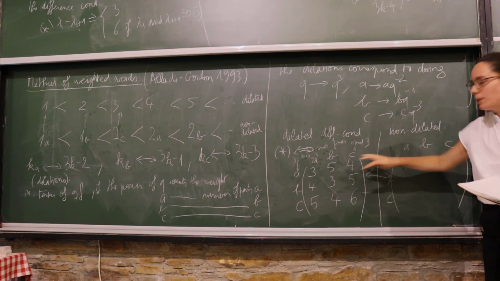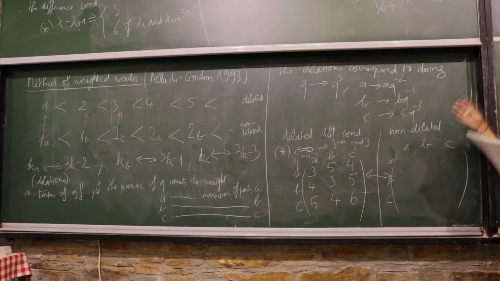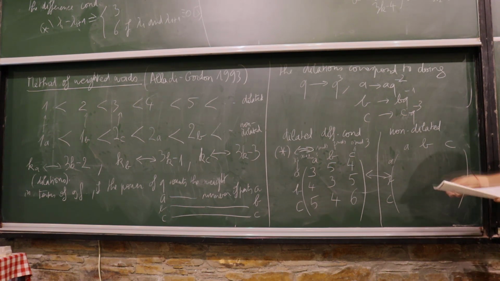So there is some automatic way to go from here to there and from there to here. I don't think it's fully detailed in general in the several papers that do the weighted words method, but maybe I will give some small details here.